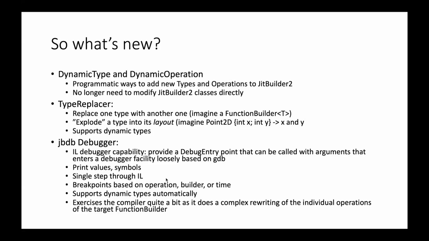And so this explode operation is taking a function builder that refers to some user-defined type, and modifying it so that it doesn't refer to that type, but instead refers to the constituent pieces of that type. I give the example here, point2d, where it's got an x and a y inside that are two integers.